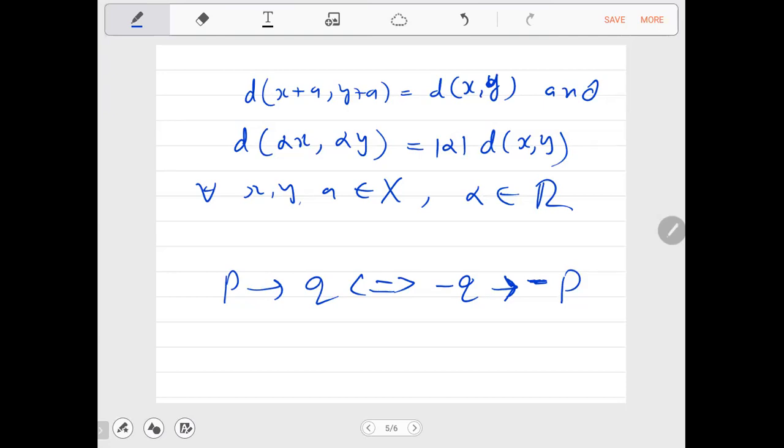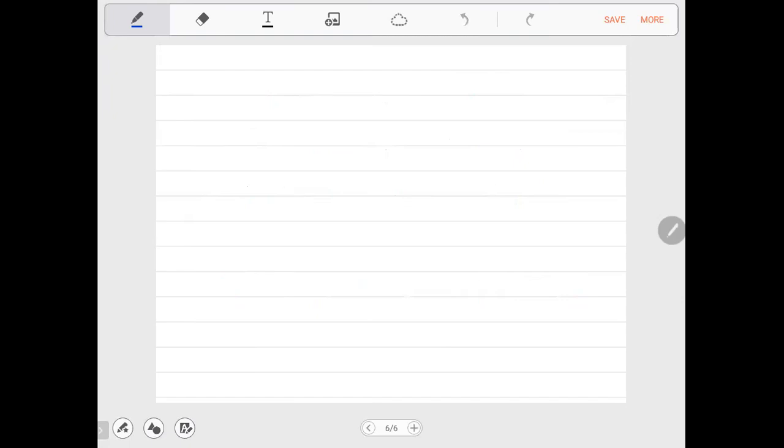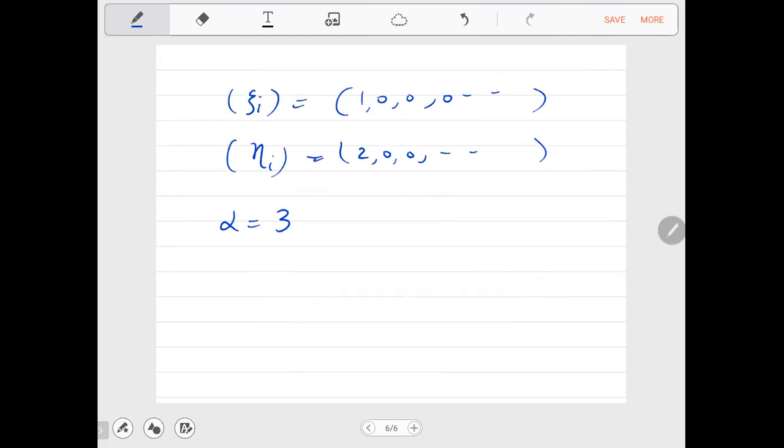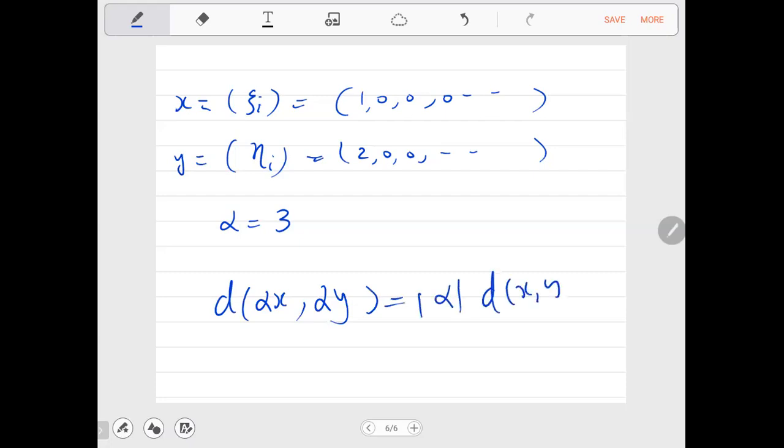In this sequence space, for example, you can consider xi_i = 1, 0, 0, and so on, and eta_i = 2, 0, 0, and so on. Then you can consider the scalar alpha equal to 3, and check whether this property holds true or not: d(alpha x, alpha y), where x is this one and y is this one, whether it is equal to |alpha| d(x,y) or not.